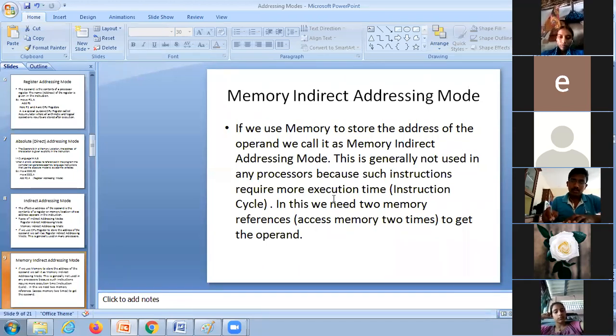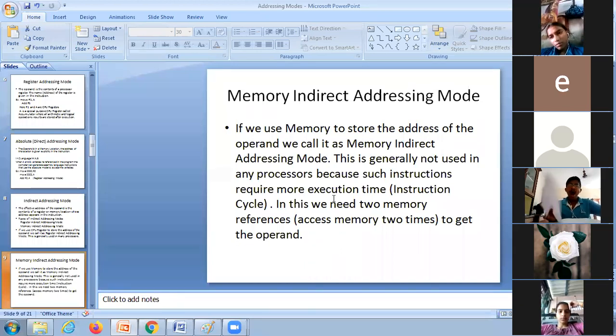More execution time means more instruction cycle. The time required to execute an instruction is called the instruction cycle.